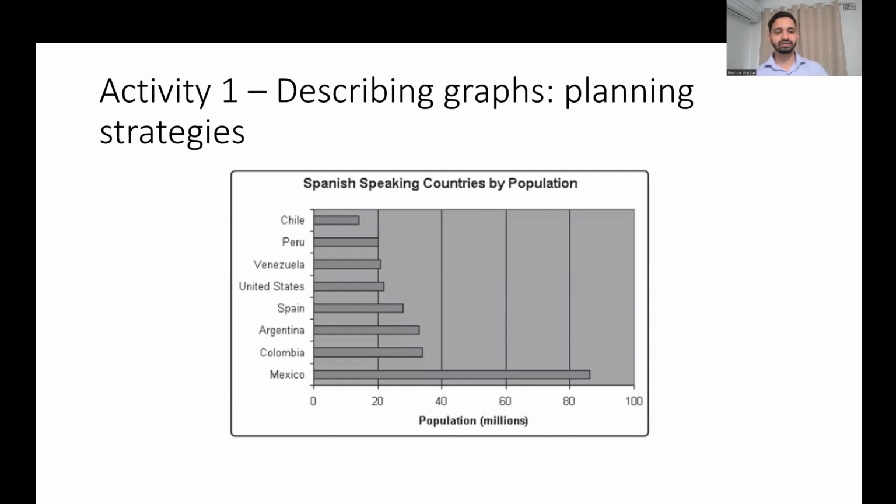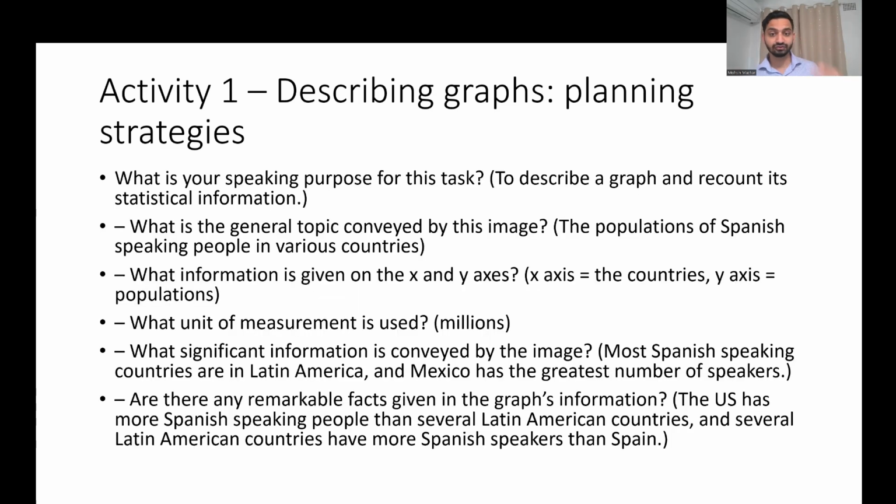It's the first language. But it has so many Spanish speakers that it is higher compared to some other countries where the first language is actually Spanish.